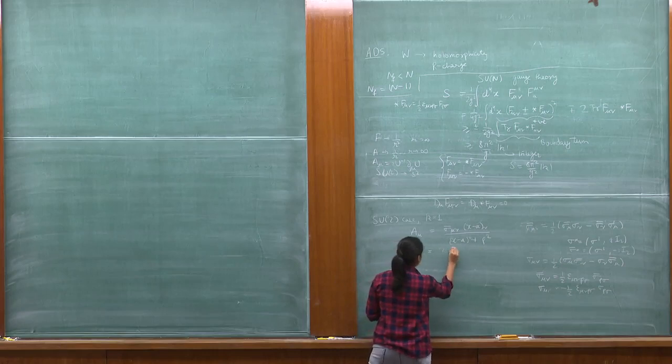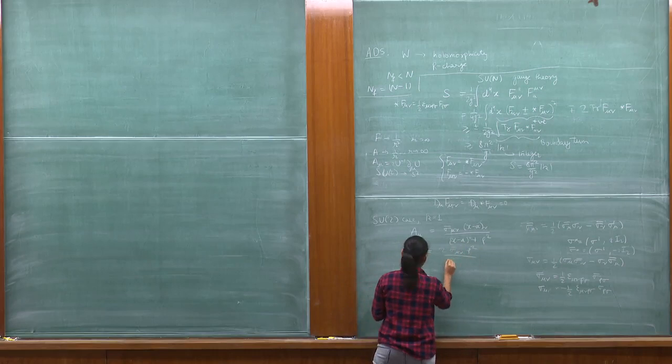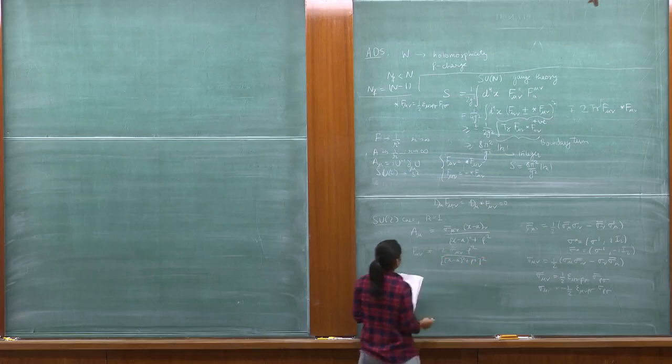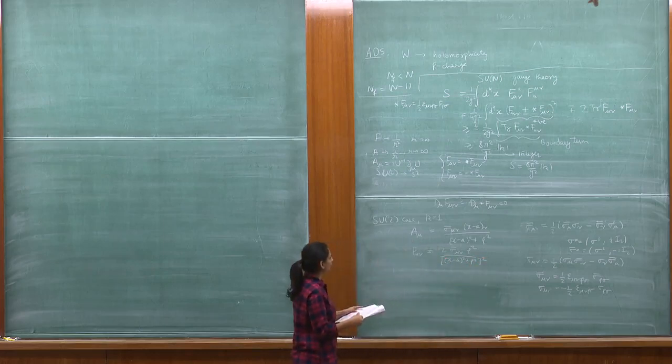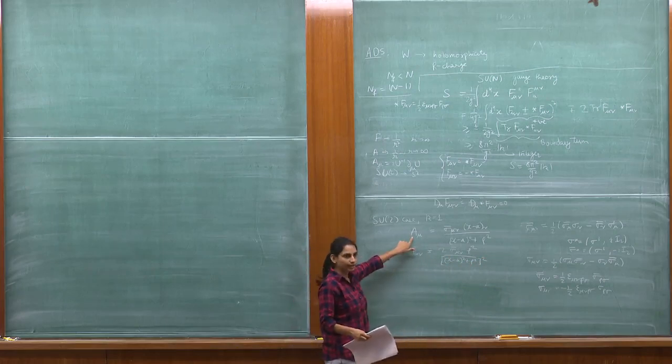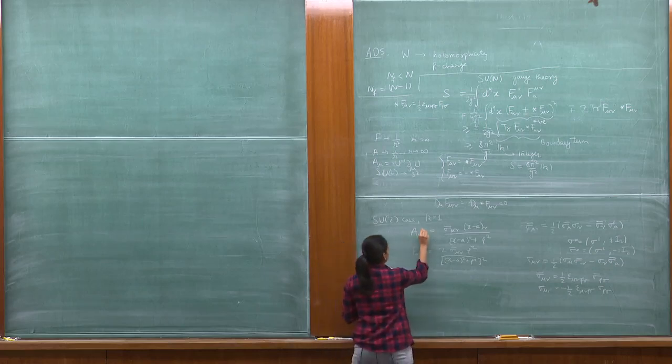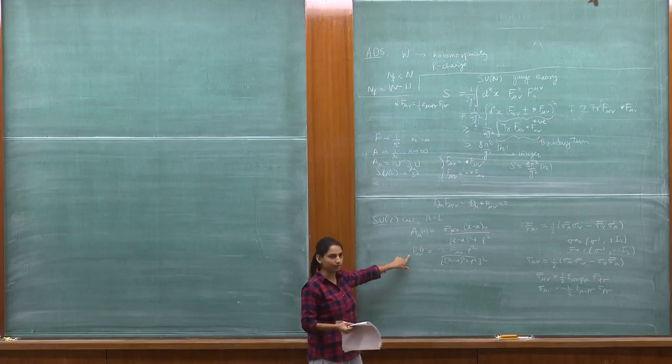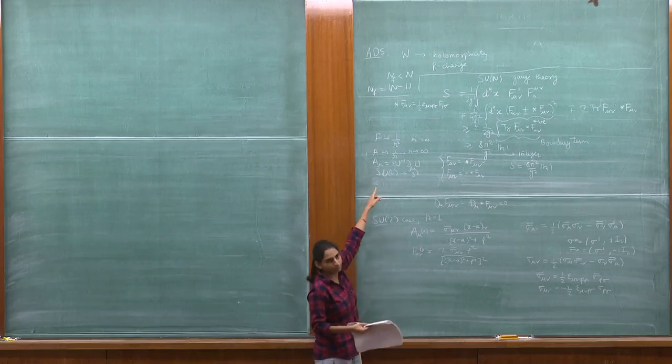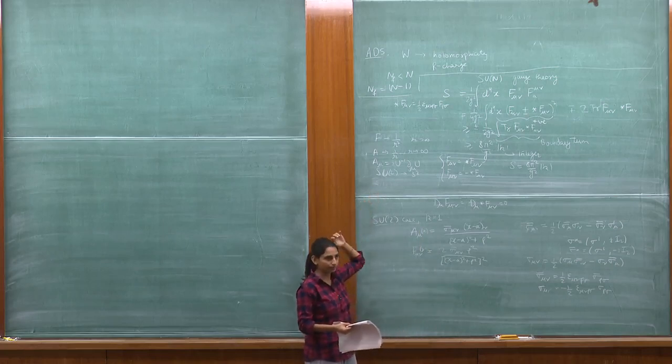F mu nu for this case is sigma bar mu nu rho square over (x minus A square plus rho square) square. Some things we should note: A mu goes as 1 over x as x goes to infinity, and this goes as 1 over x square.